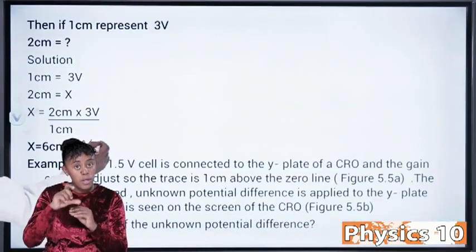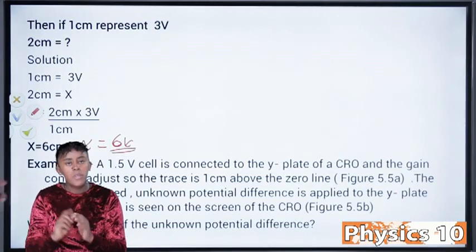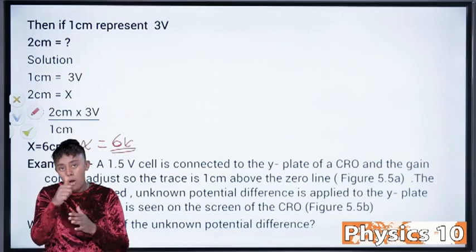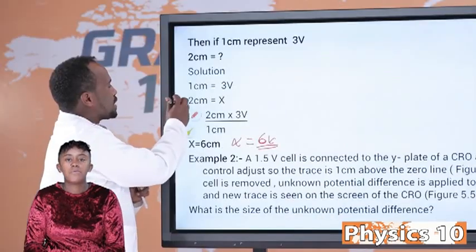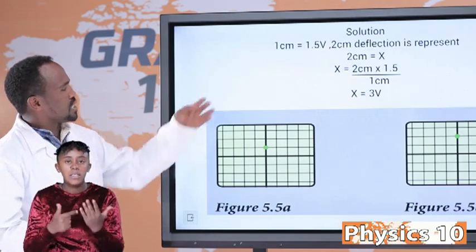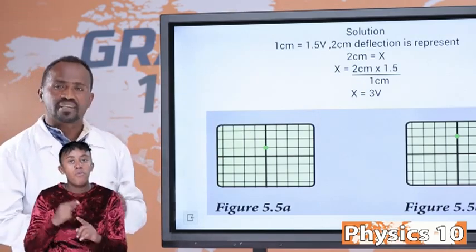Students, x is equal to 6 volts. So you have to do example 2 by yourself. You should refer to your exercise book.